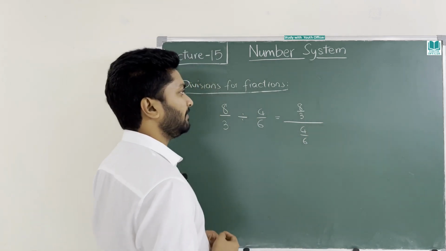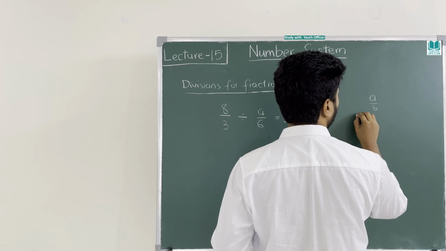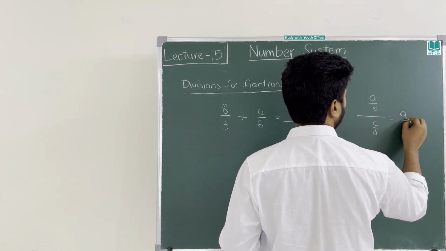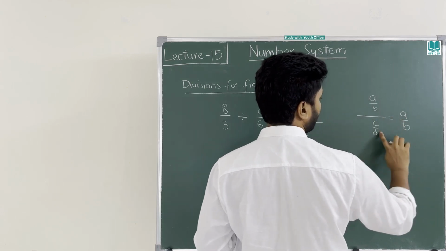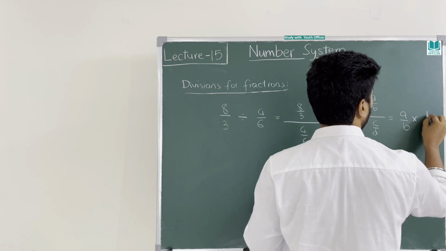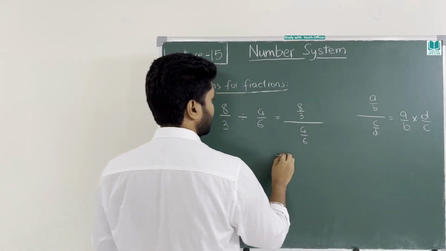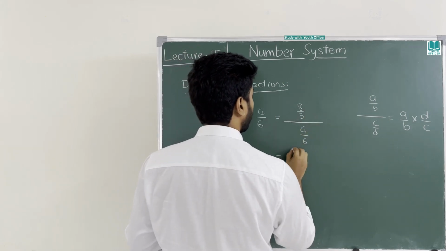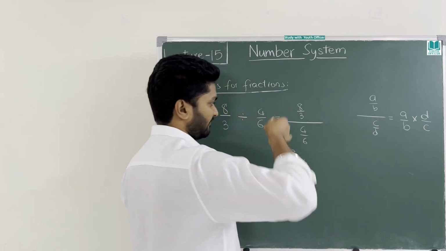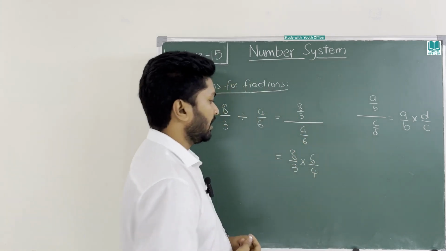Already I told you in the previous class, if any fractions are in the form of a by b whole by c by d, in order to convert them into multiplication, we will write a by b. This fraction will get reversed. It will become d by c. Similarly, this will become 8 by 3 into, this fraction should be reversed. This will become 6 by 4.